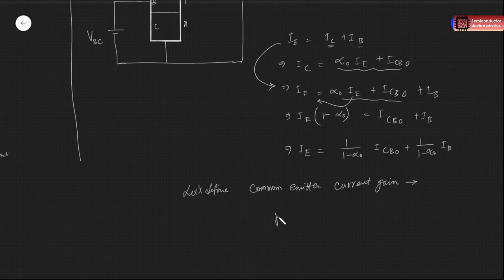It is defined as gamma. Gamma is again the change in the output current, delta IE, by the change in the input current, delta IB, right? So from this equation, let's say it is A, from equation A, what will be the gamma value?